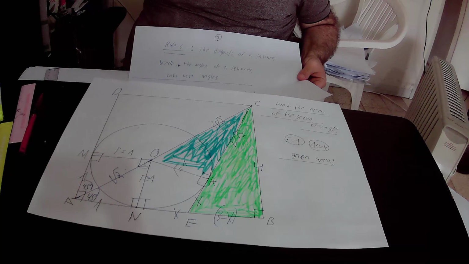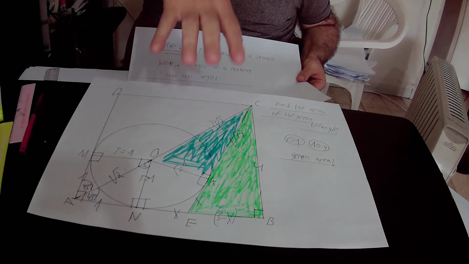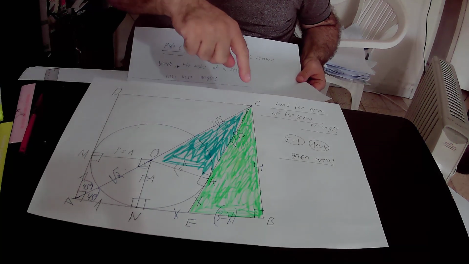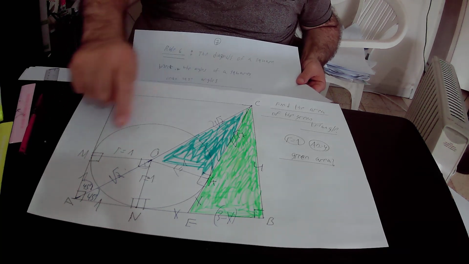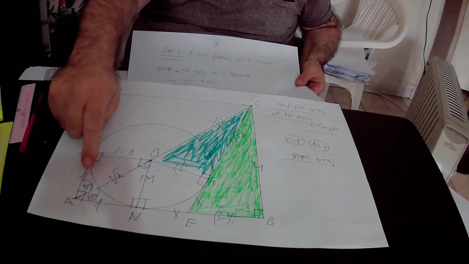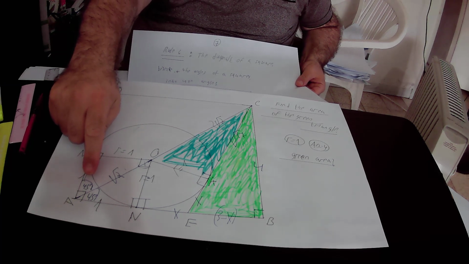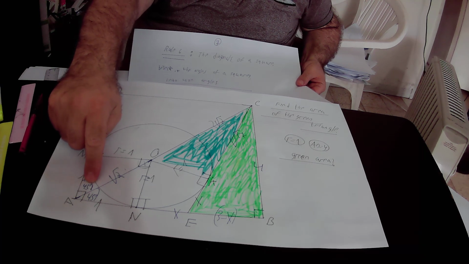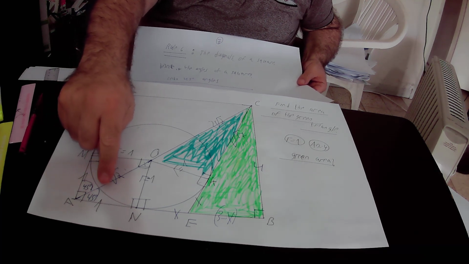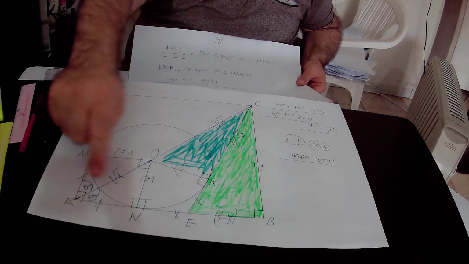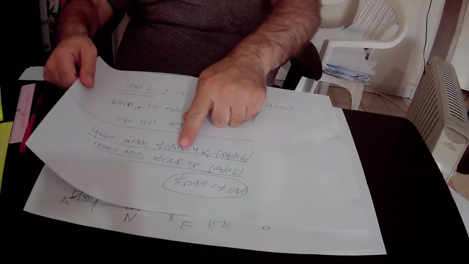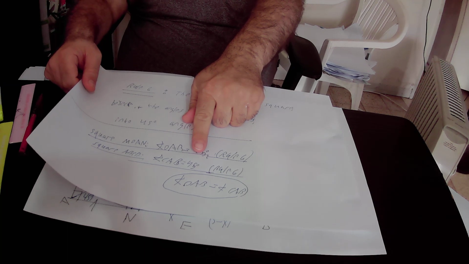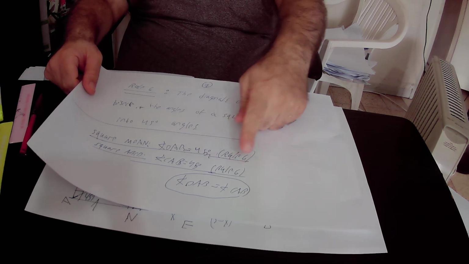Likewise, if we relate to the big square, square ABCD, then the diagonal CA, according to rule number 6, bisects this angle into two equal angles, each equal to 45 degrees. This angle equals 90 degrees, and this angle, angle CAB, also equals 45 degrees according to rule number 6.